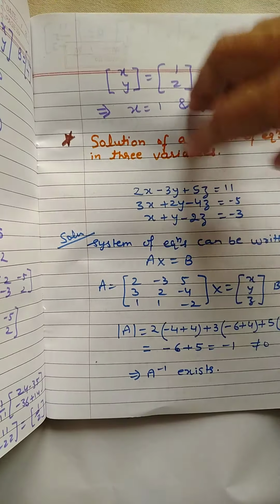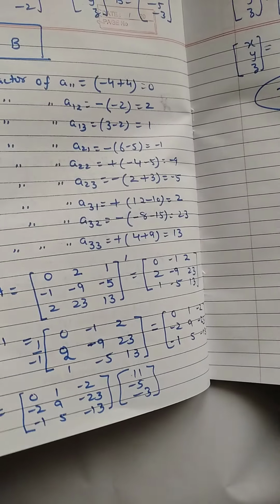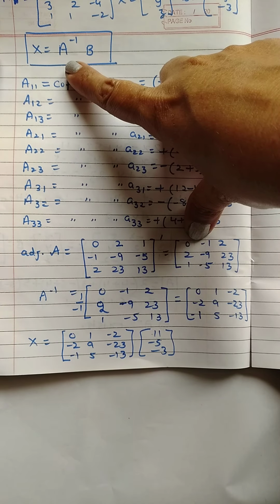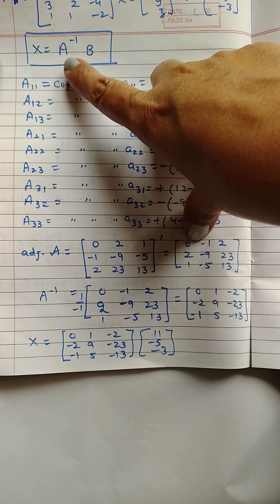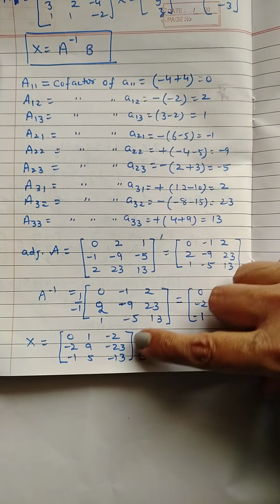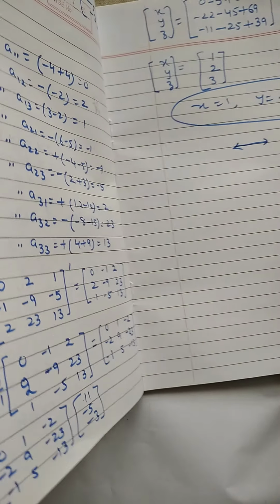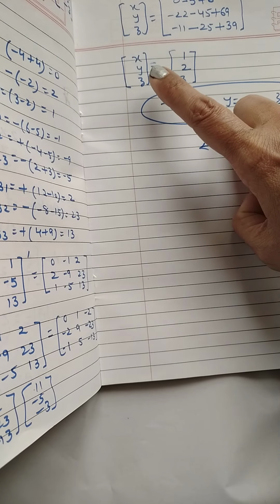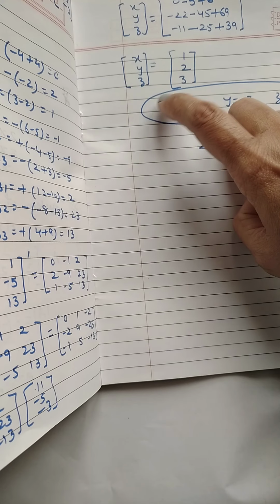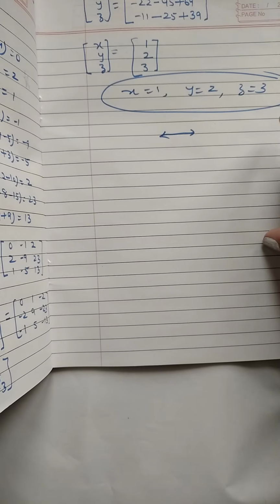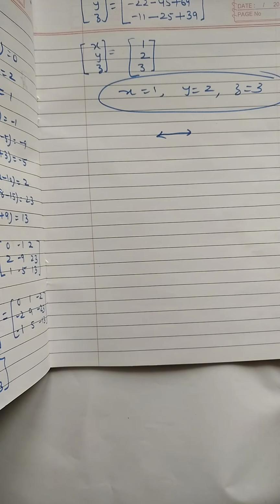Third step, write X = A inverse b. Fourth step, find A inverse. Fifth step, multiply A inverse with b, then you can find X. And the last step is to equate the values with the right hand side, so you get the values of x, y and z.